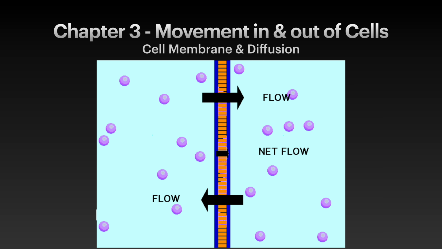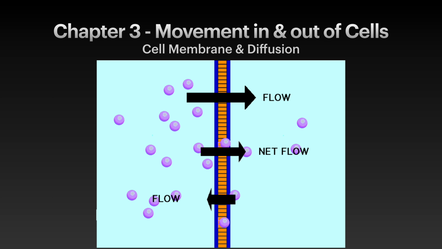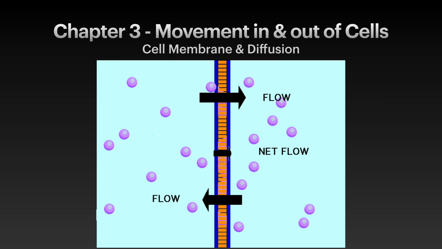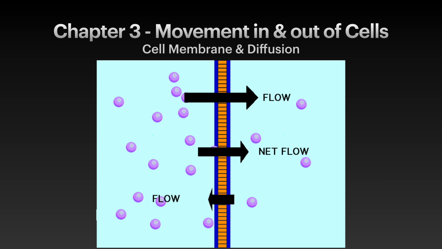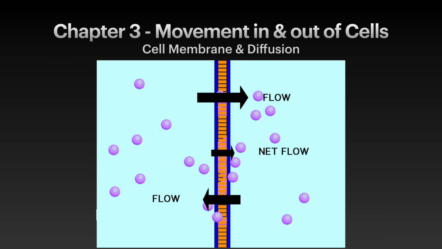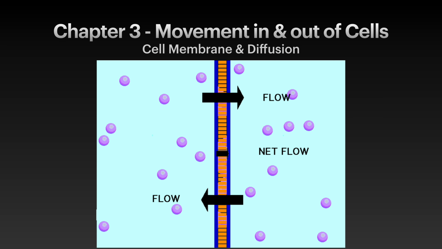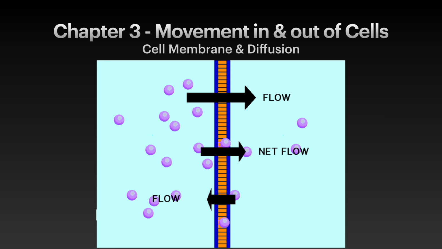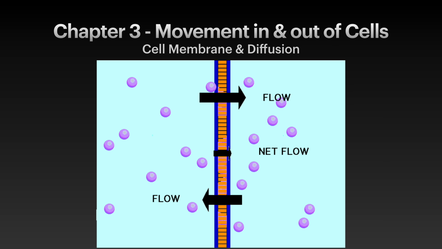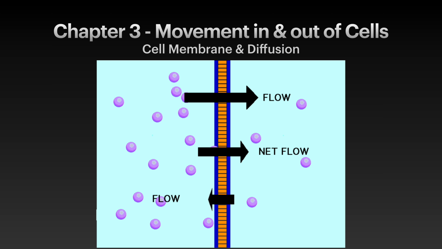A key point to note is that the molecules can flow in different directions, but the net flow is always in one direction until both sides of the cell membrane are balanced. In this GIF, you can see the flow of molecules left and right, but the net flow is always towards the right due to the higher concentration on the left-hand side than on the right.